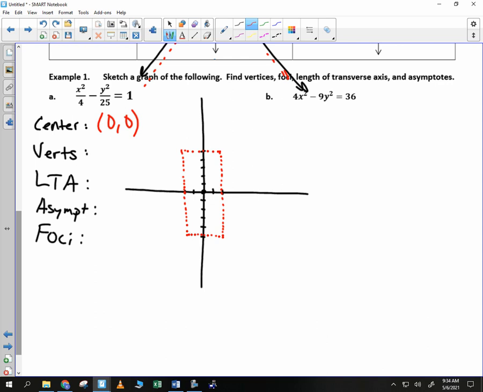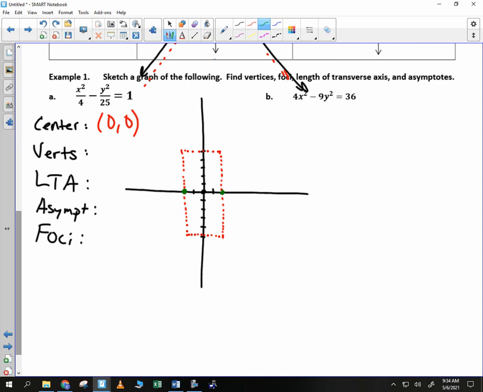That's how you determine it. Now, I think that everybody looked here and you looked at the bigger value, right? When I created the problem, that's why I did that. I thought that most people would be drawn to the bigger value because you're used to ellipses. For hyperbolas, it doesn't matter which value is bigger, it matters which value is positive. X squared is positive, it's going to go on the sides.